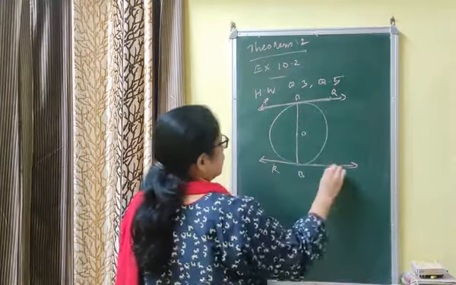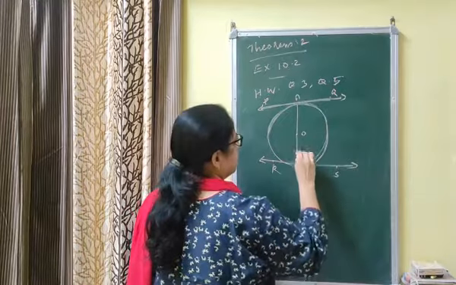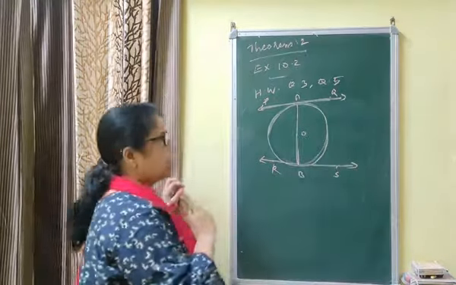आपको ये प्रूफ करना है, कोई भी सर्कल हो उसके डायमीटर के एंड पॉइंट से जो टेंजेंट्स बनेंगे वो पैरेलल हैं, प्रूफ करना है.